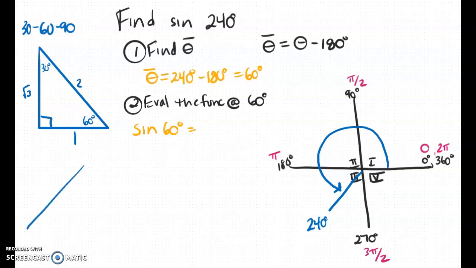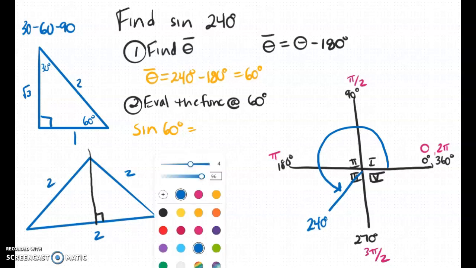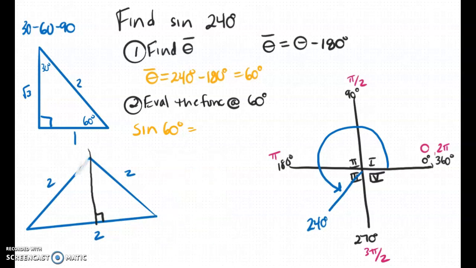An equilateral triangle looks like this, where you've got 3 equal sides and 3 equal angles. Hypothetically, if you had all those sides equal to 2, and this is part of geometry, if you bisect this angle with a perpendicular bisector, it would get rid of this portion.